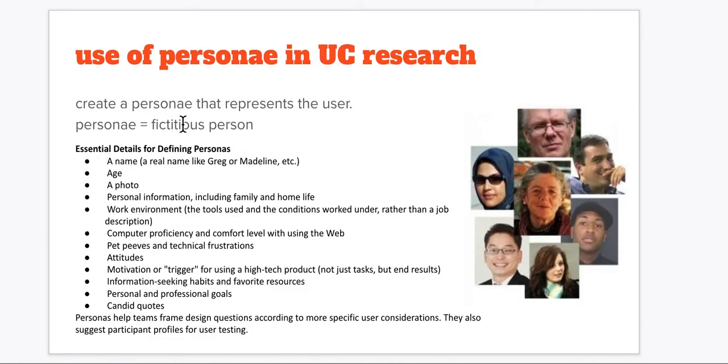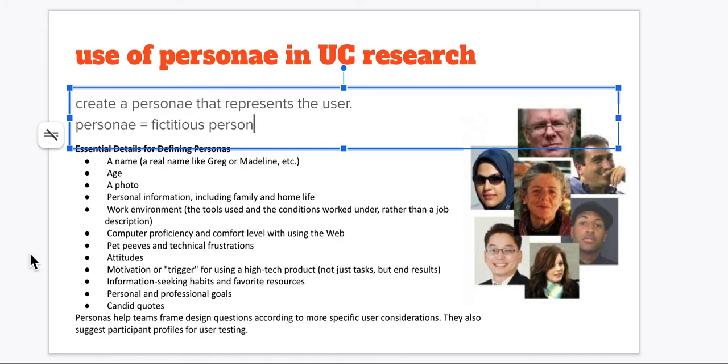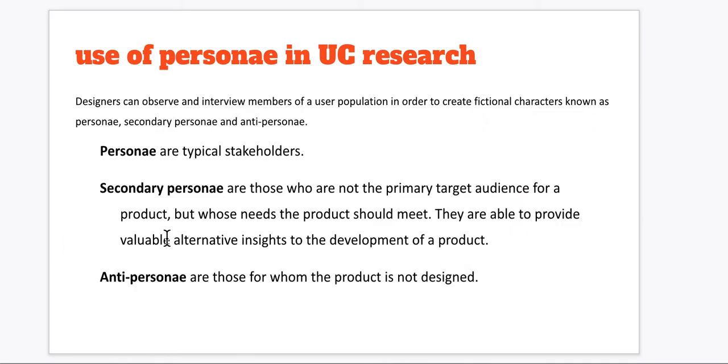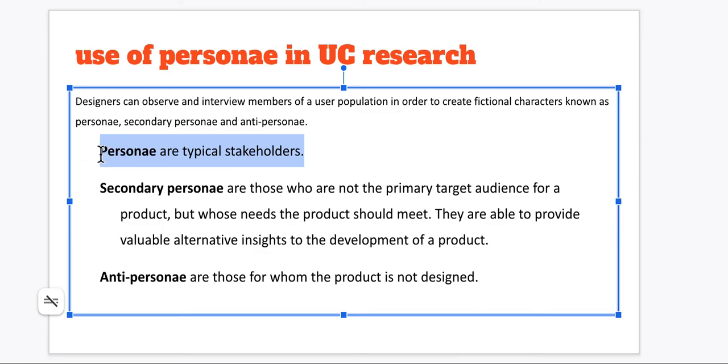It's a fictitious person, it's not real. For your design project, you can create this persona for your product. It includes things like a photo, personal information, work environment, attitudes, motivation, professional goals, and quotes. Marketers can use this, and it's really important so you know this is the type of person we're marketing towards.